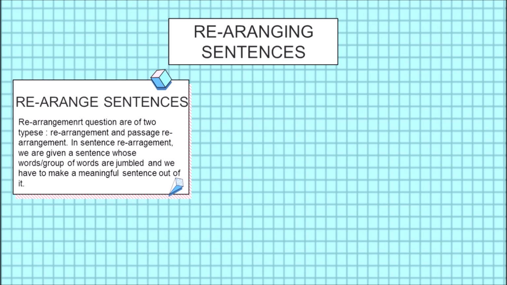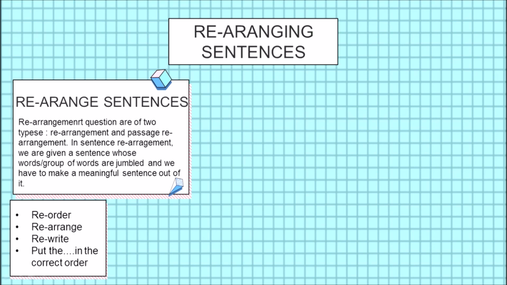In sentence rearrangement, we are given a sentence whose words or groups of words are jumbled, and we have to make a meaningful sentence out of it. These are the common verbs: reorder, rearrange, rewrite, put in the correct order.